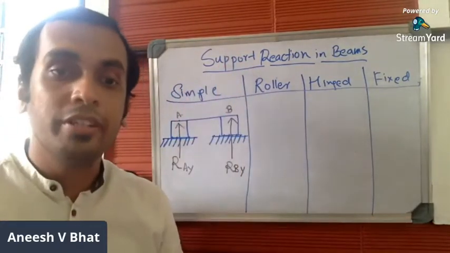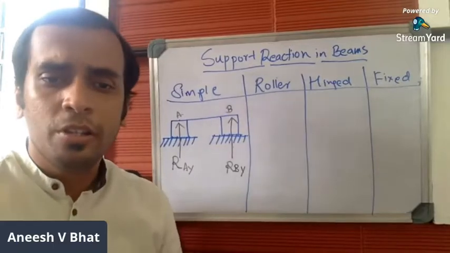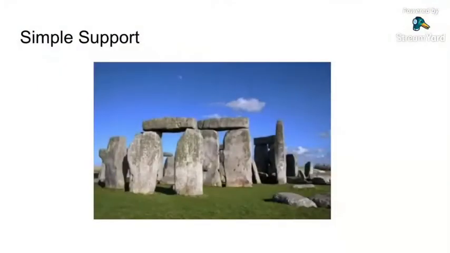Let me just show you an example of simple support. Here, these two are considered as supports, and this lintel or beam is simply kept over these two supports. This is a small example for simple support.